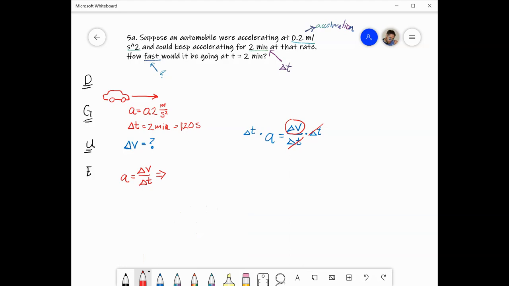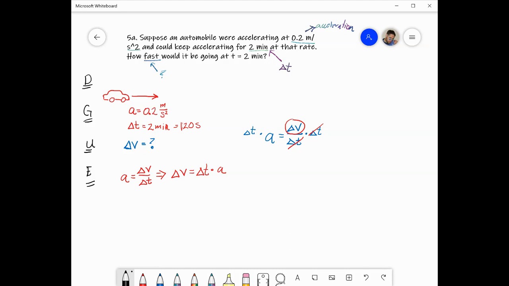I'm going to say that now my delta V, that's this right there, is equal to delta T times A. I've just reworked the equation so that I've got delta V solved for. And that's really important if we're going to understand how to do this.